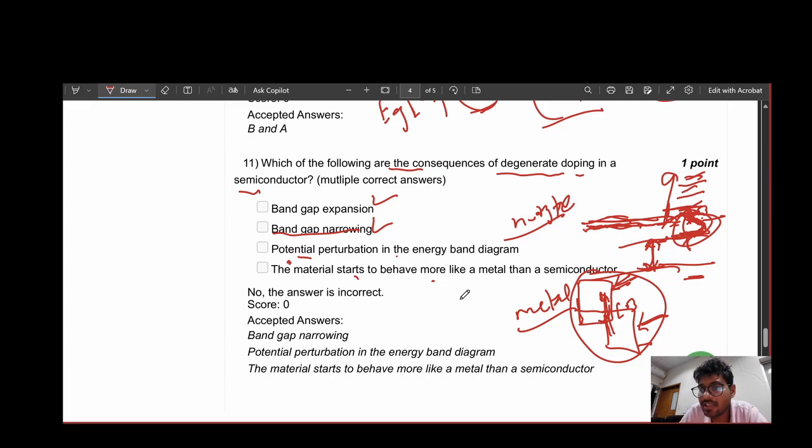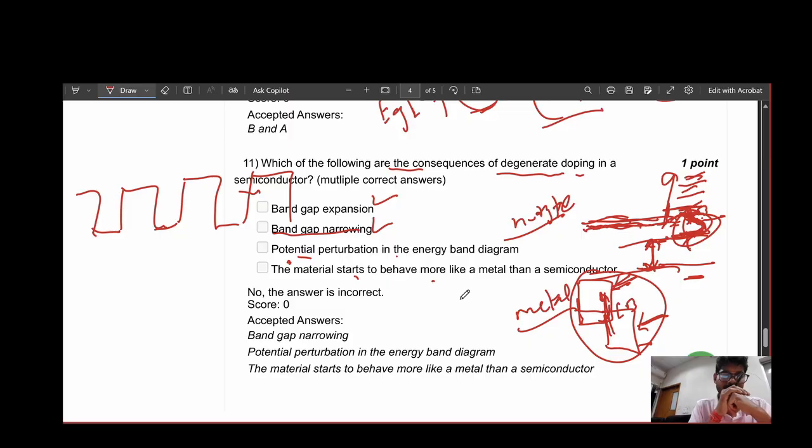Potential perturbation is because when you dope a semiconductor, you create an imbalance in the potential. Previously there were periodic potentials.